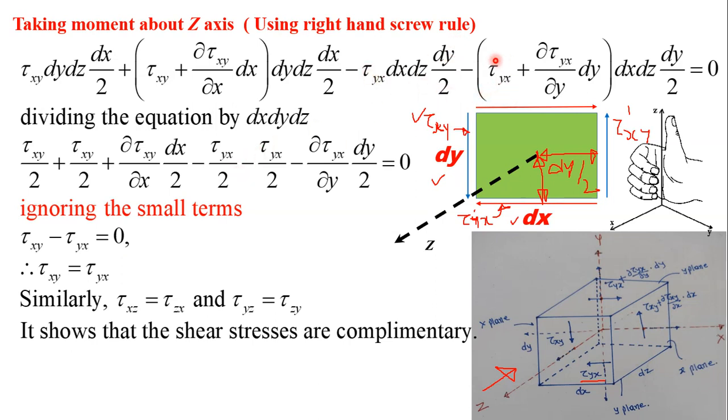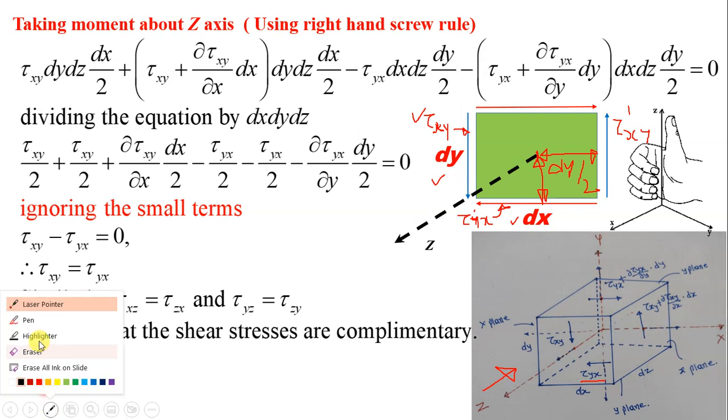In the second term, tau yx upon 2 will be there, minus del tau yx by del y into dy by 2 will be there. Now, since delta x is very small, dx is also very small.